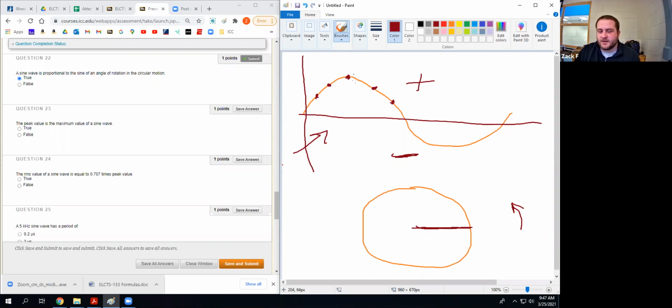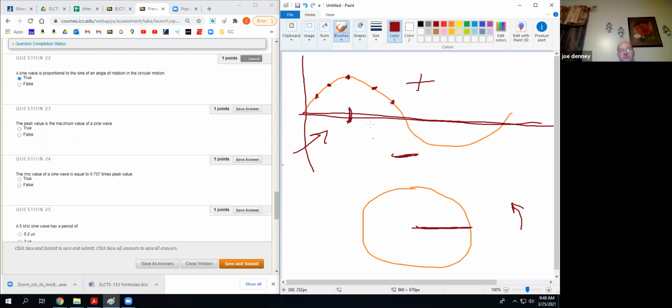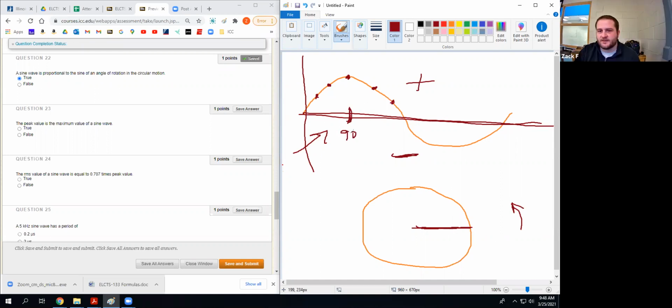At this point here, at this peak, that's how many degrees right here? 90. That's 90 degrees, right? That same point on this circle would be right here, right? This is 90 degrees. And then 180. It's a really dumb question, but whatever.